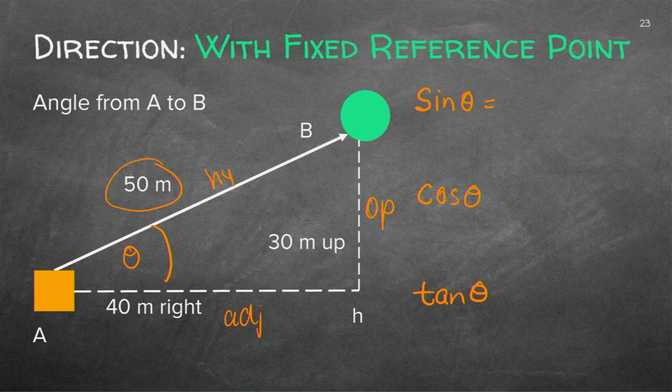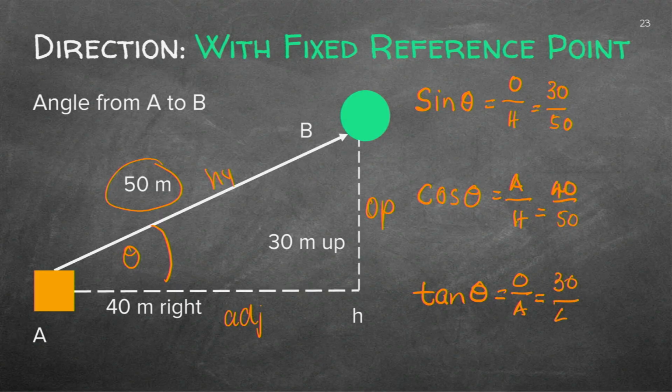So sine will be the opposite over the hypotenuse, which will be the 30 over the one that you calculated, 50. Cos will be the adjacent over the hypotenuse, which will be the 40 over the 50. Or you can use the opposite over the adjacent, which will be the 30 over the 40.